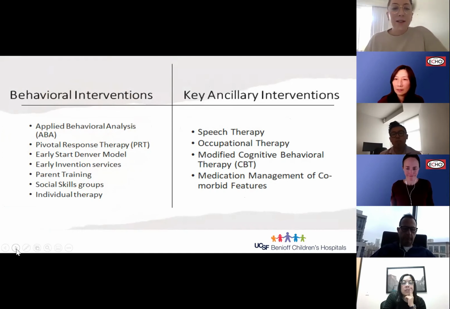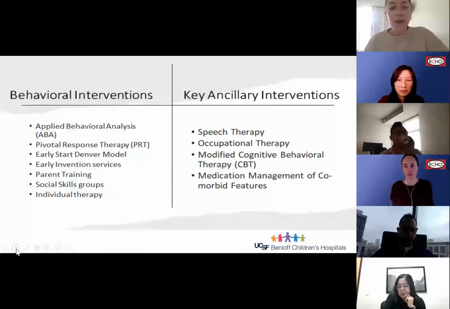Okay. Parent training is an important part, and certainly within those behavioral interventions like ABA and PRT, there's components for parent training, so parents can learn those skills. In general, early intervention will include some form of behavioral therapy, and then other things that may be helpful as kids get older, things like social skills groups, and for higher functioning kiddos, we think about individual therapy, things like modified CBT.